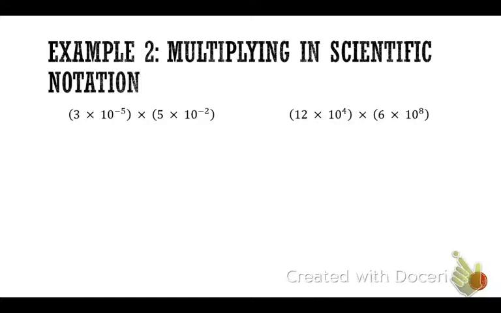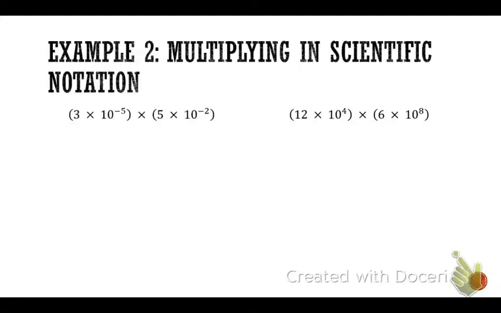Now let's look at multiplying in scientific notation. Now I'm multiplying powers of 10. I'm going to show you the commutative property. You're not going to need to do this on all of them, but I do think it helps make sense of what we're doing. The commutative property says I can rearrange these.